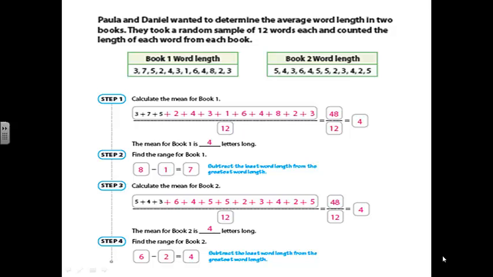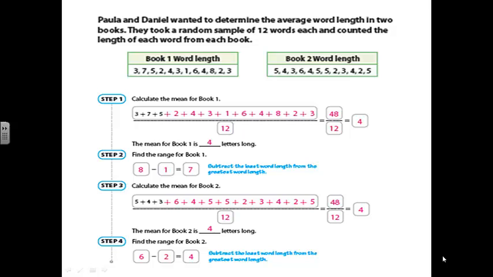The last way that a lot of people use data to compare or make inferences about a population is finding the mean of the data that they're given. So in this problem, Paula and Daniel wanted to determine the average word length in 2 books.